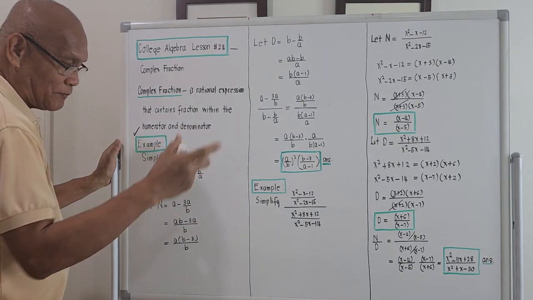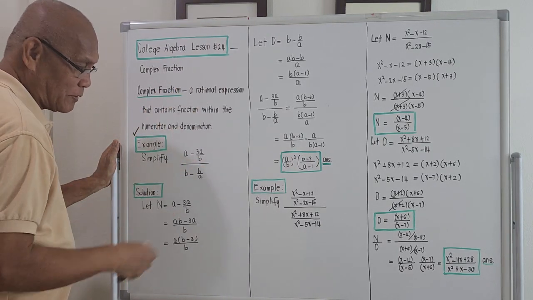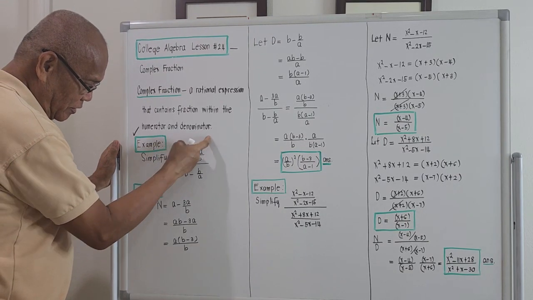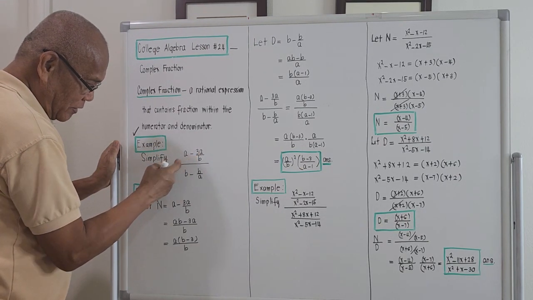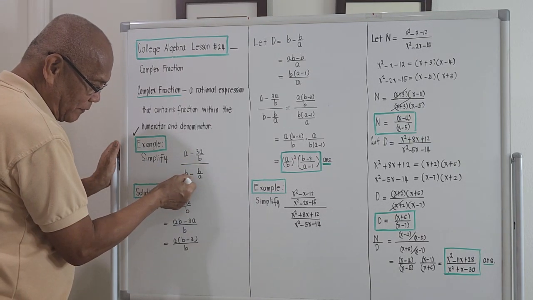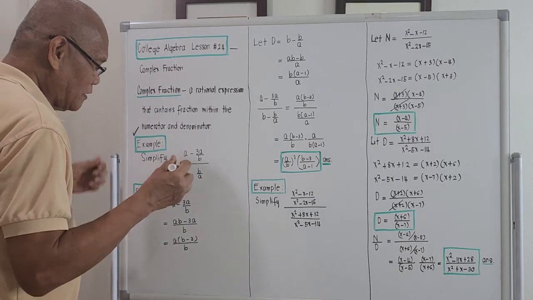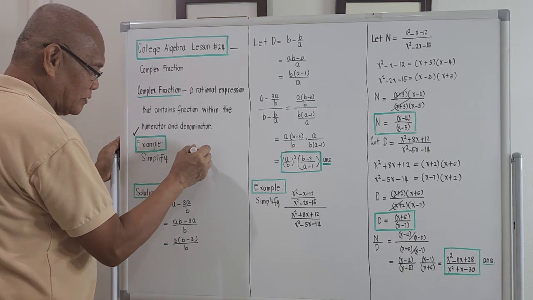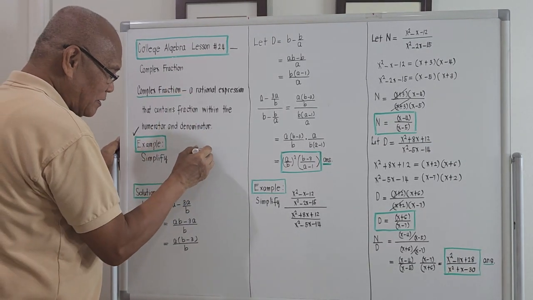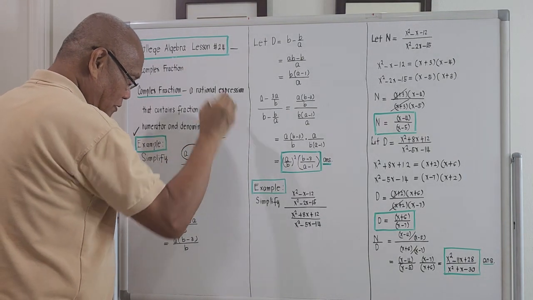Simplify the given fraction. On the numerator it is a minus the ratio 3a over b, all over small letter b minus small letter b over a. From the definition of a complex fraction, the top portion is the numerator, and it still involves a fraction.